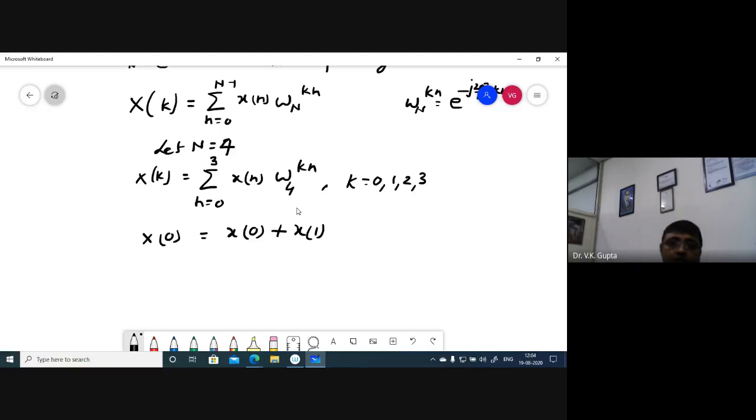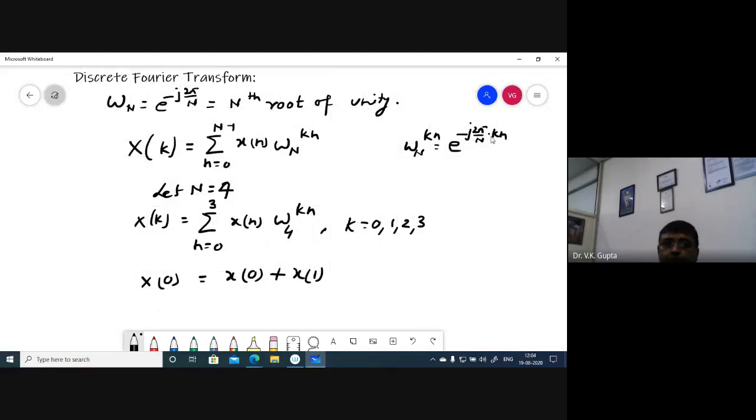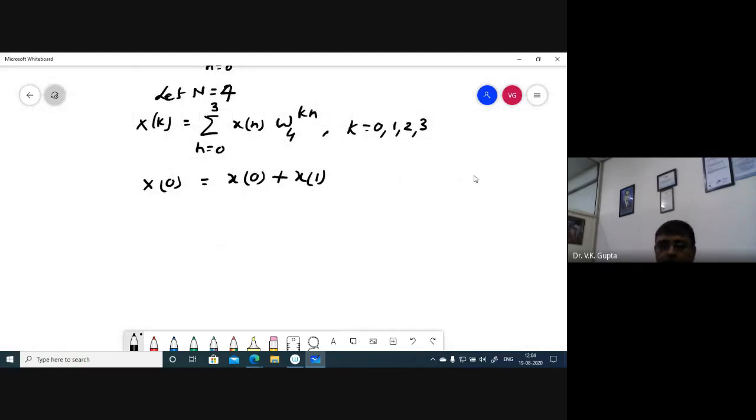It is W_4^0, which is 1, e to the power minus j 2 pi by 4 into 0, k equal to 0 means 1, plus x2 plus x3. Similarly, k varies from 0 to 3. This is the first sample X(0).